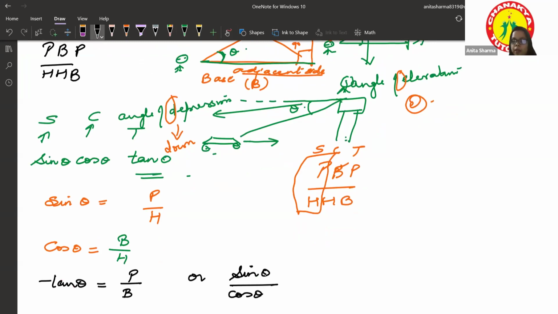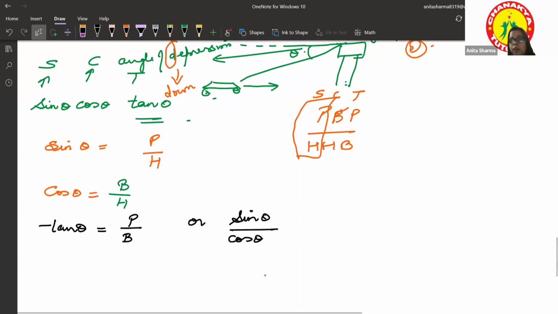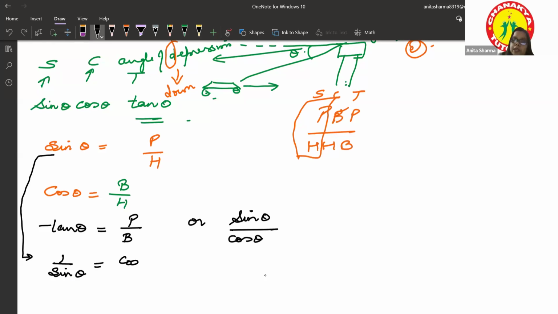Fine. Now this thing may have come to your mind, that we have studied only three. What about the other three? The reciprocal of sine theta is cosecant theta, so you will write hypotenuse upon perpendicular.